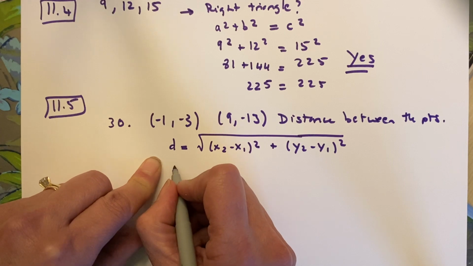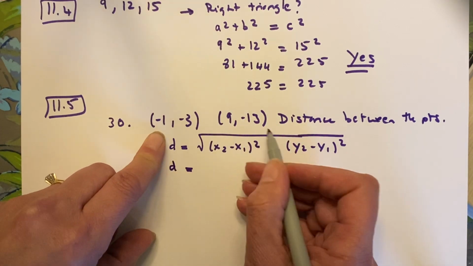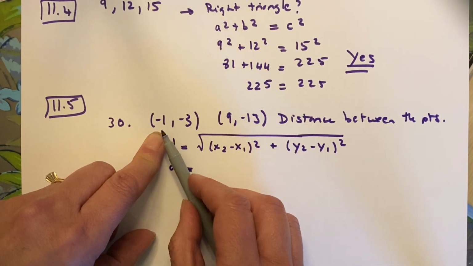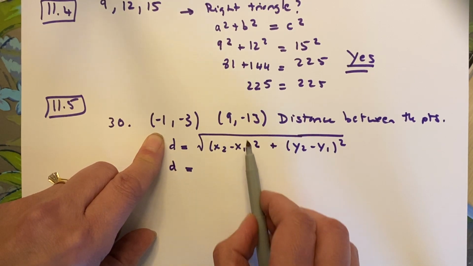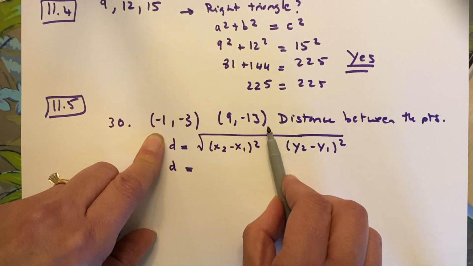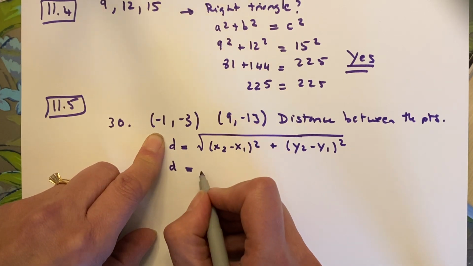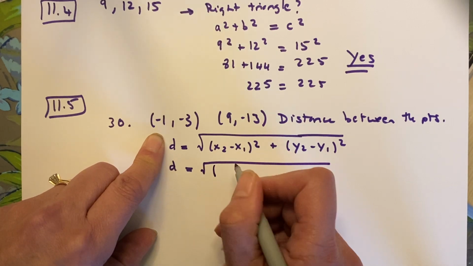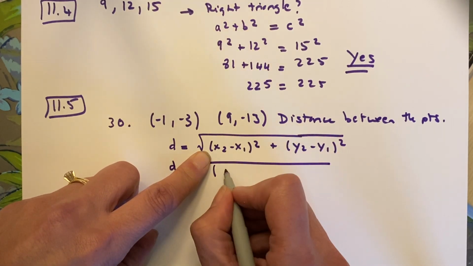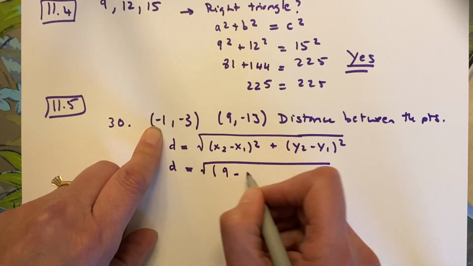So when we have 2 points, we are going to substitute each of them in, and I'm just going to take this first one as x1, y1, and the second one as x2, y2 when I plug them in. So under my giant square root, I'm going to have, as x2, the number 9 minus -1.